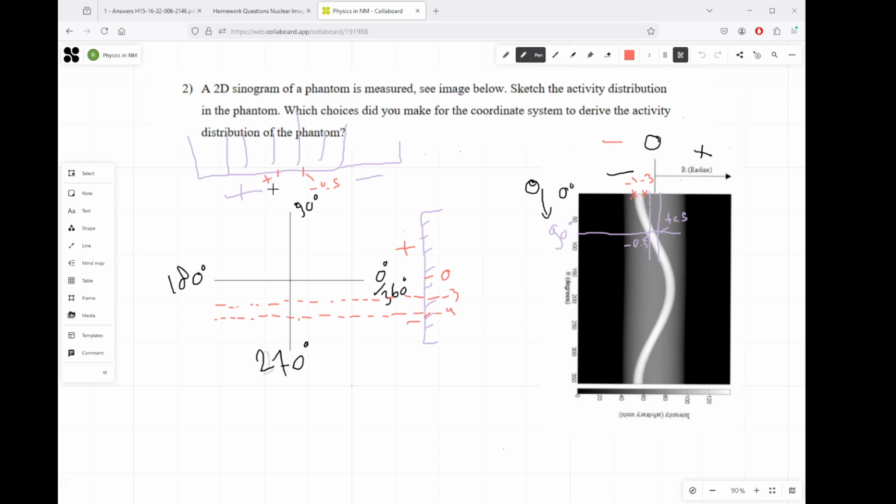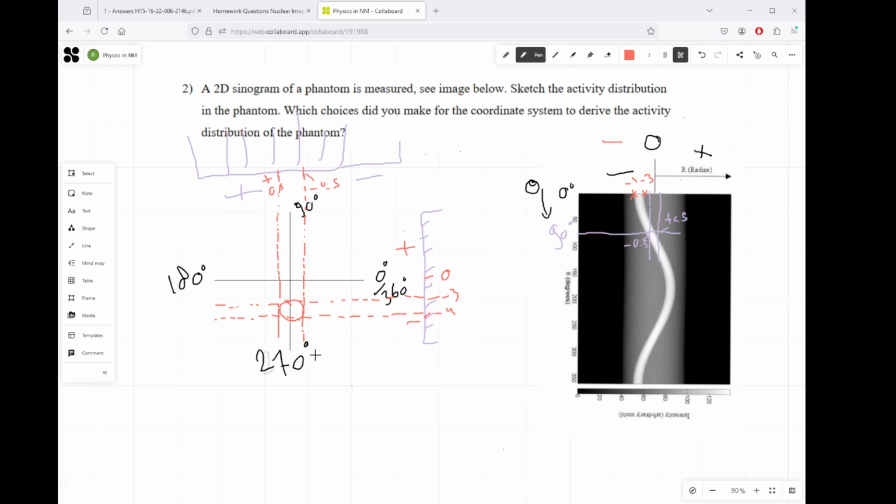Then go over here, then go over here. Then you see a location where the object might be starts to form, and you probably have a feeling that the object will be here. And since the width is everywhere the same in the sinogram, you're dealing with a spherical object.